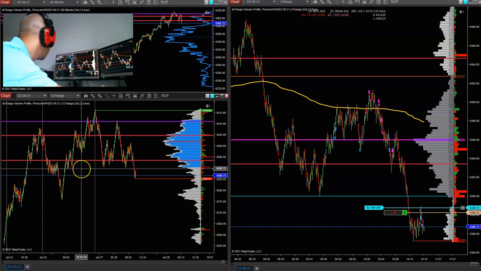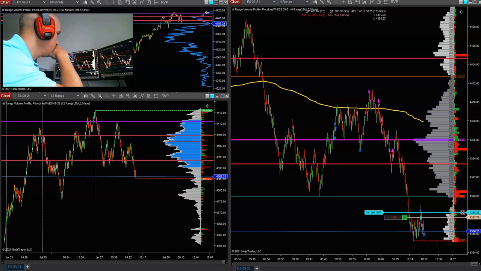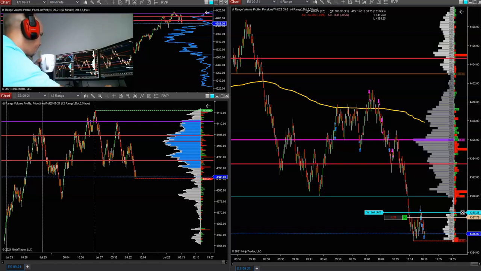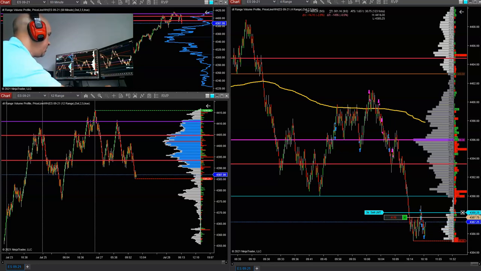Price hit up against some area of resistance above us, so I'm gonna need to get out of this trade. I bought too high, and I should have waited for a slight little pullback.